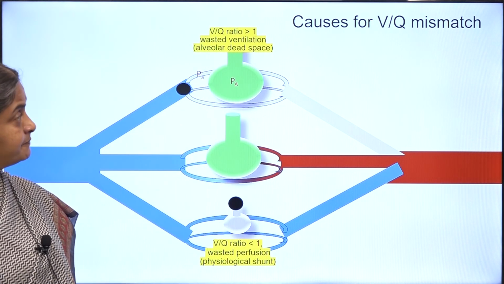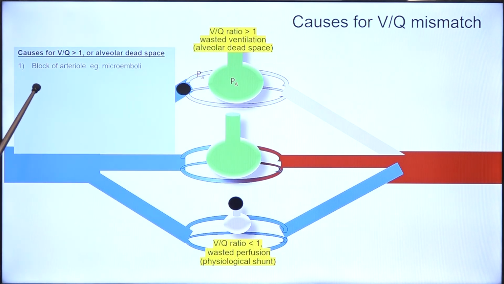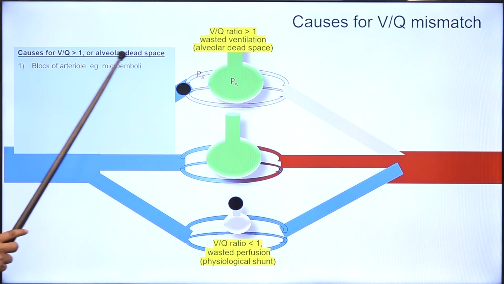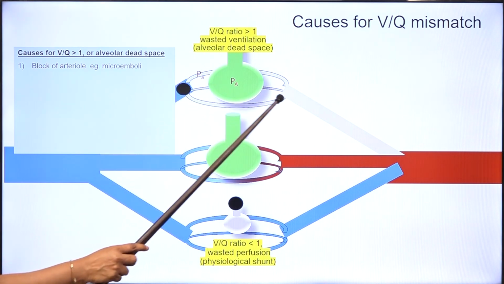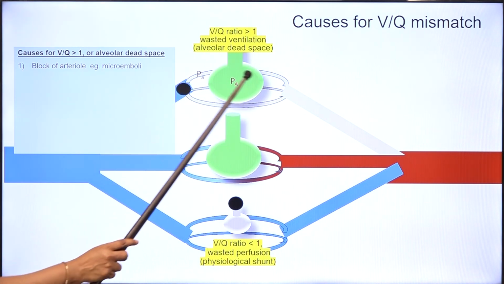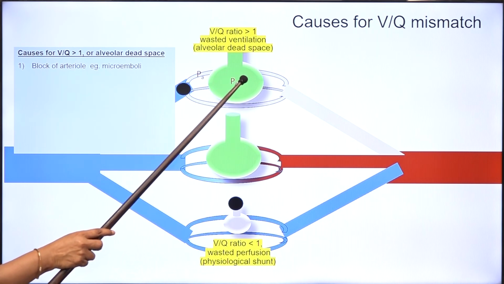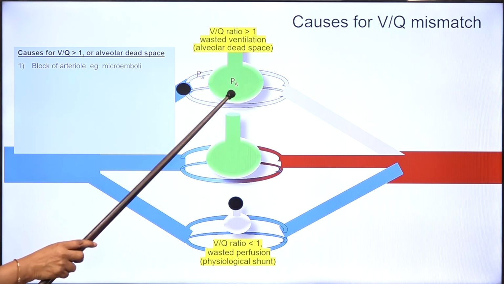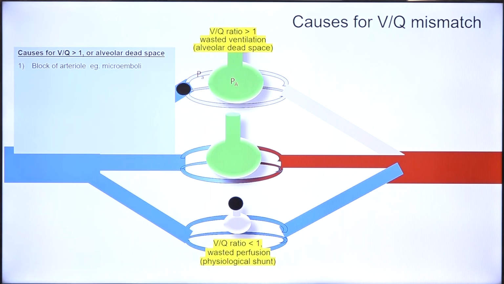We saw that already. In addition to these microemboli, the other causes where perfusion in these capillaries can be hampered are when alveolar pressures are higher. If the alveolar pressure is high, it is going to compress upon the capillaries surrounding that alveolus, in that alveolar wall.